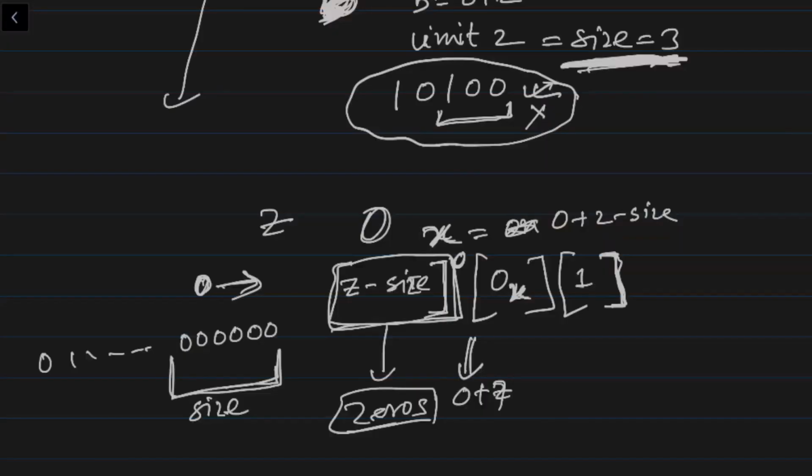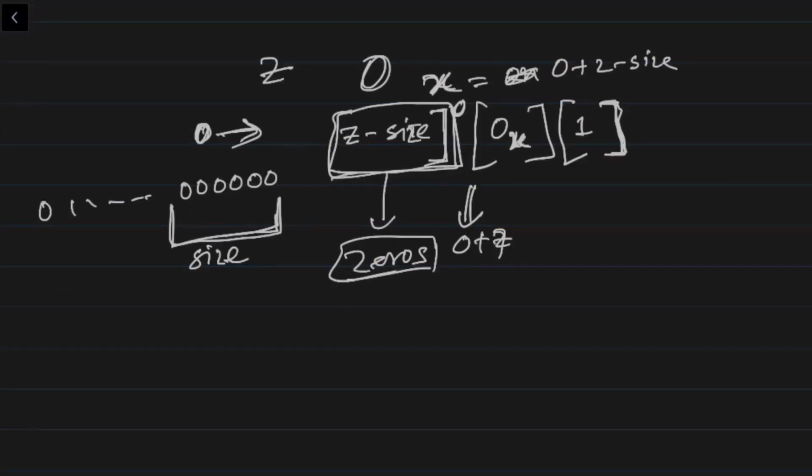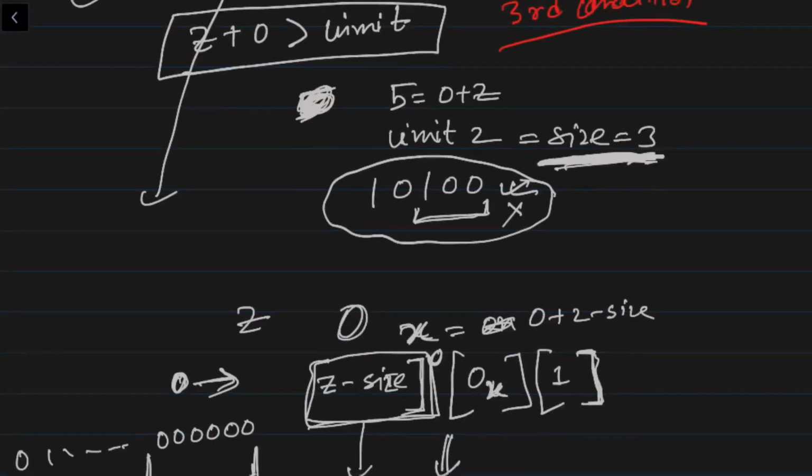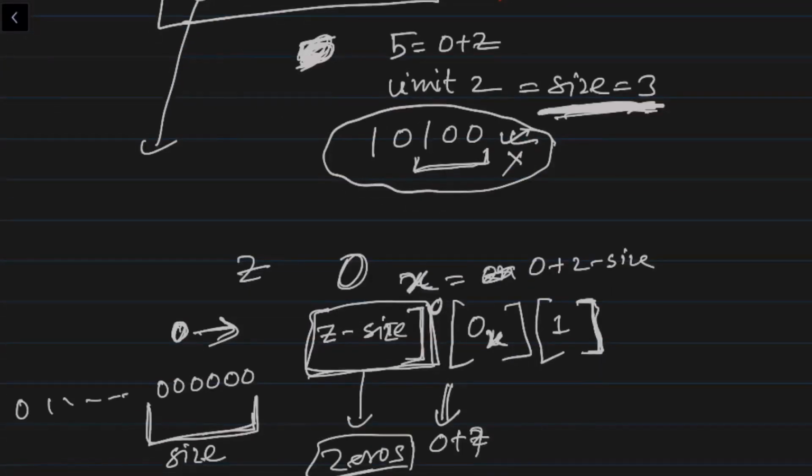Let's understand with an example. According to this, our size is 3. There is something x, and here I'm already using z minus 1 size.